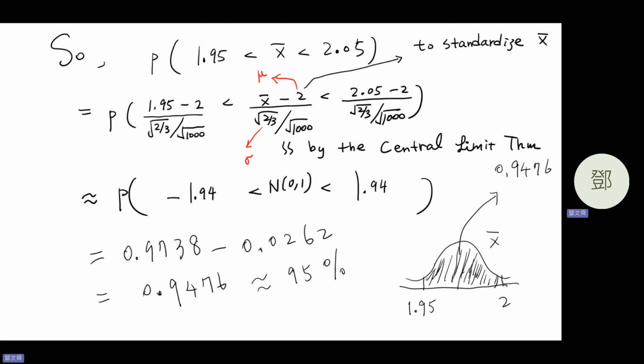To standardize, subtract the population mean divided by sigma over the square root of 1,000. And you have to derive the value 2. Here, the mean value is mu. 2 is the mean value, and sigma is the standard deviation.